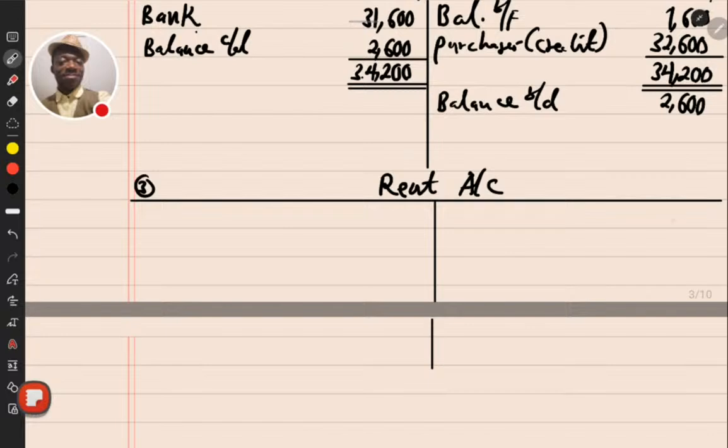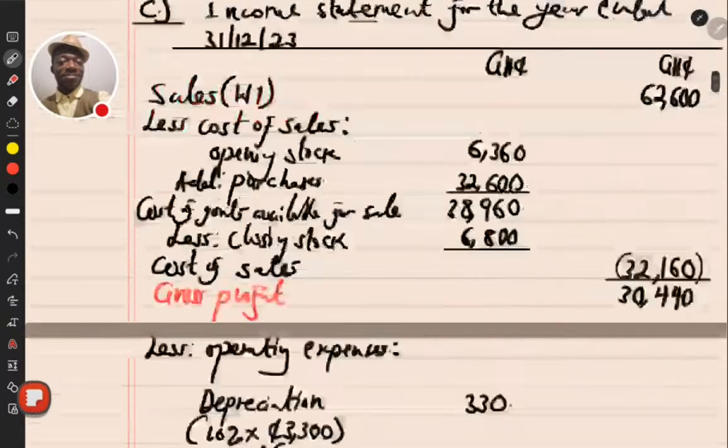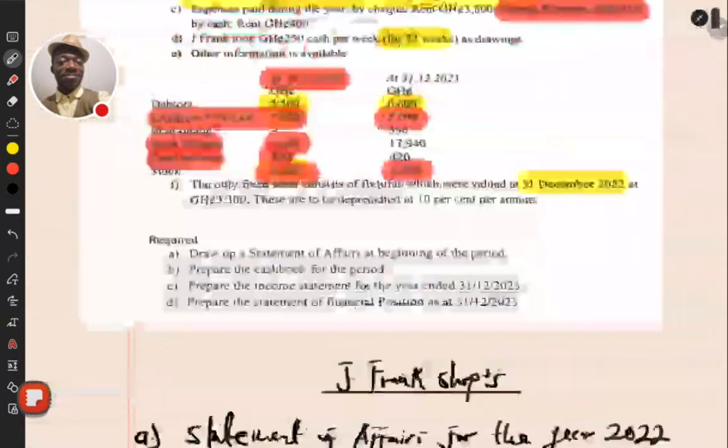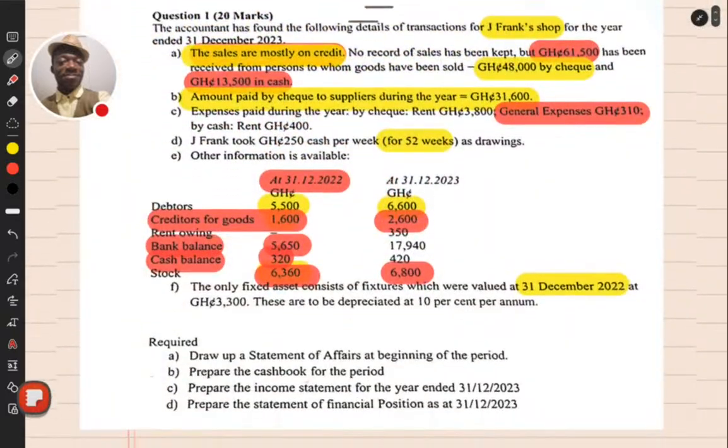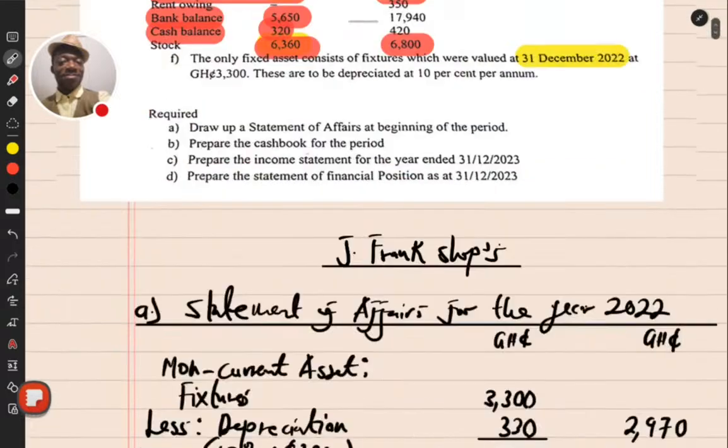So as always, you have our currencies coming up. Then we ask ourselves in the question, was there any rent balance as at 31st December 2022? No, there wasn't any rent information, but we had rent information, that is rent owing, as at the year end 2023 to be 350. So we present that up.